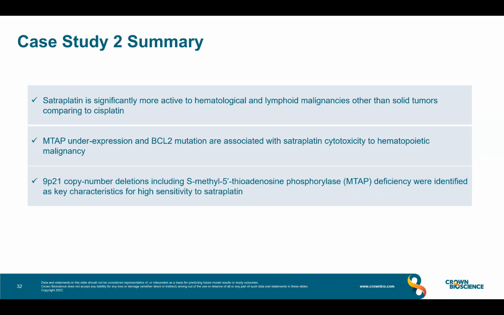MTAP underexpression and BCL2 mutation are associated with satraplatin cytotoxicity to hematopoietic cancers, and 9p21 copy number deletions, including MTAP deficiency, were identified as the key characteristics for high sensitivity to satraplatin.